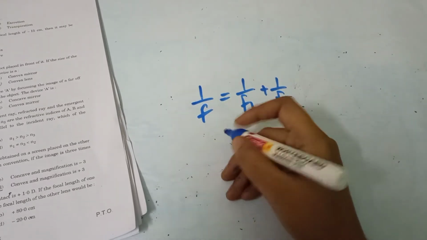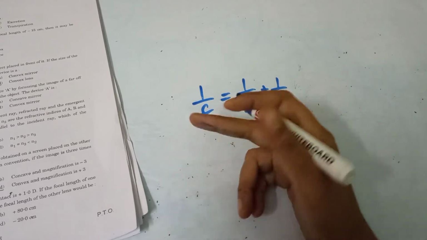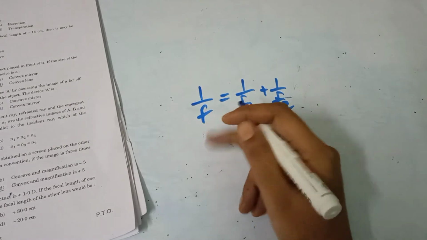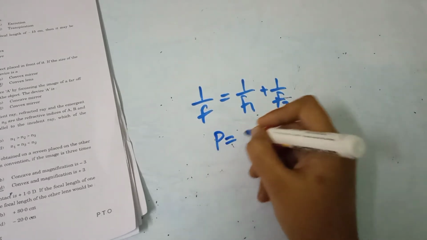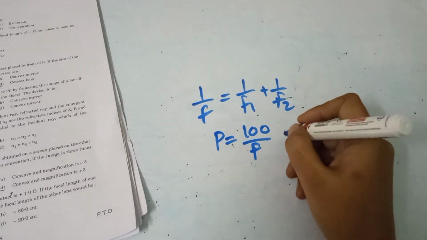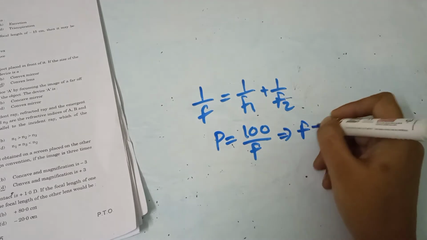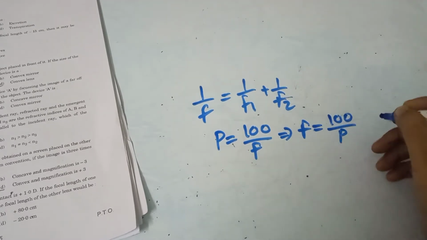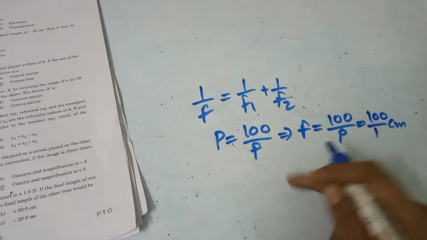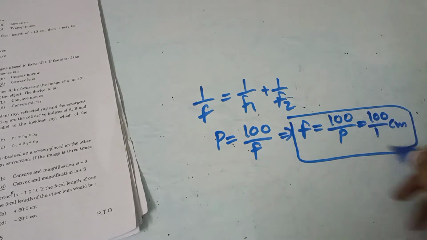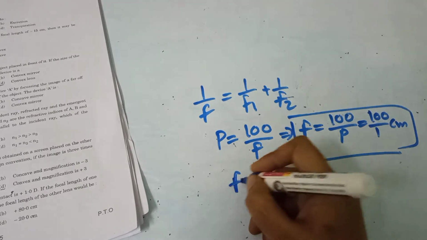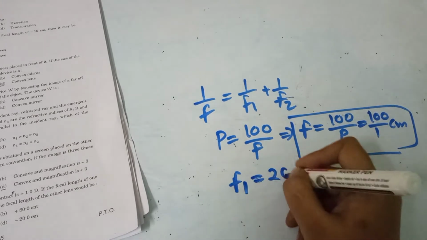In the question they do not directly give the focal length, they give the power of the combination of lenses. We know power is equal to 100 divided by F, where focal length is in centimeter. So focal length is equal to 100 divided by P, which is equal to 100 divided by 1, so the focal length of the combination is 100 centimeter. One of the lenses has focal length 20 centimeter.